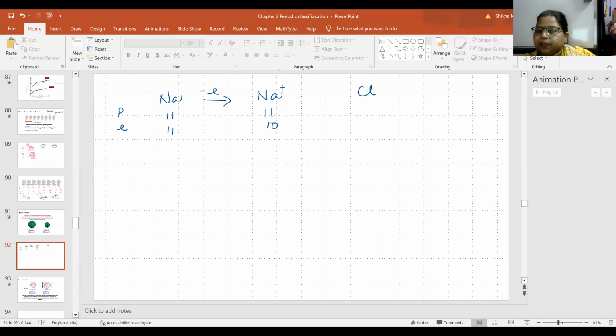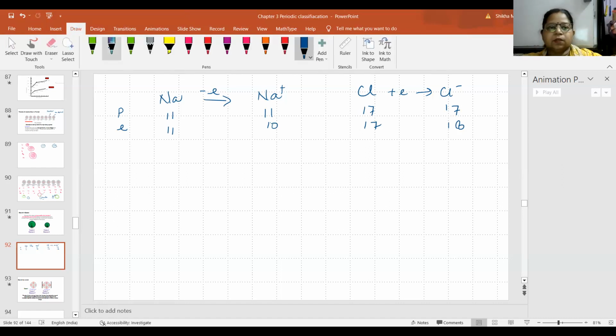Similarly, I will put it for anion. Chlorine accepts an electron to become chloride. It has 17 protons and 17 electrons, and the chloride has 17 protons and 18 electrons. We will again make a rough sort of an image as we did in the earlier section.